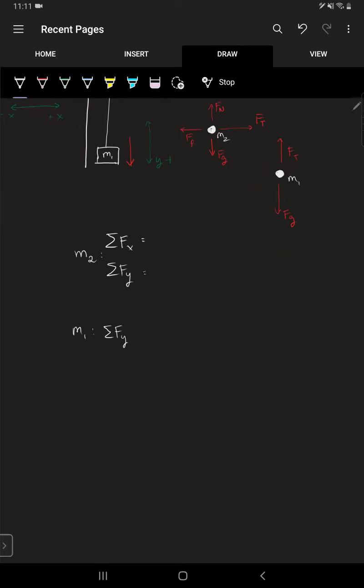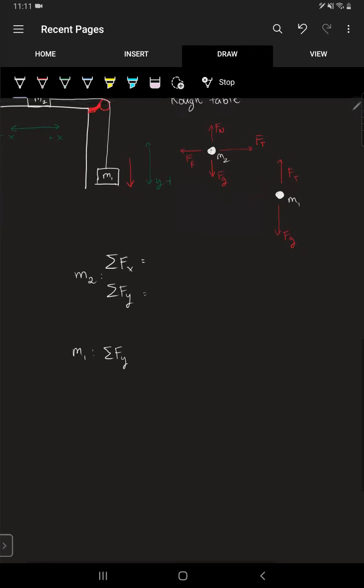Now, sigma Fx, let's say to the right is positive, so we are going to have F of t minus F of f, force of friction. And in the y direction, we have F of n minus F of g, right?